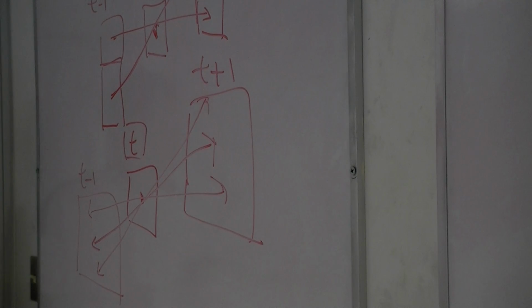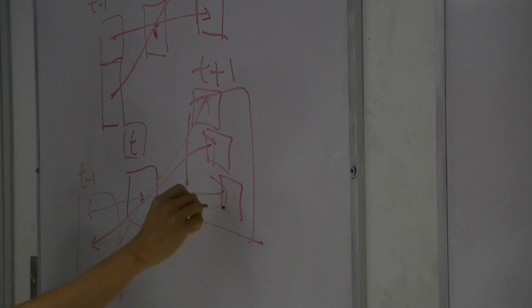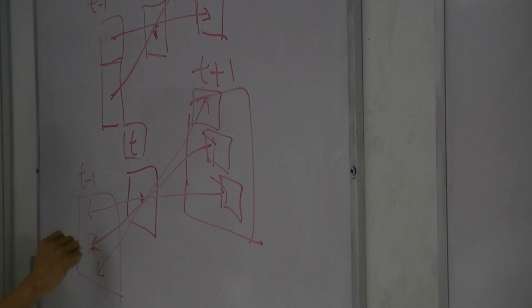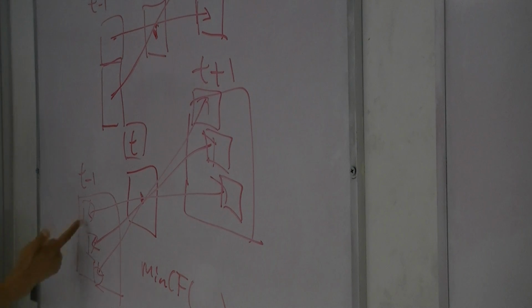So in this case, we can have multiple macro blocks, right? Then we can minimize the cost function again. In this case, we have 3 pairs.